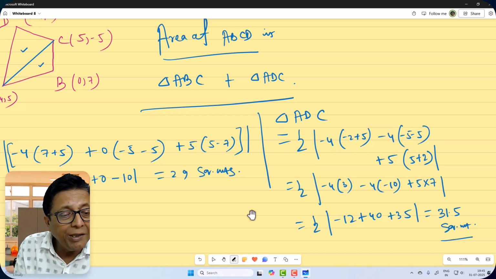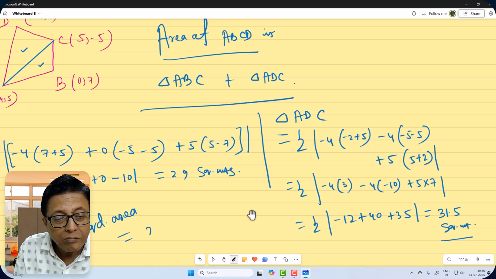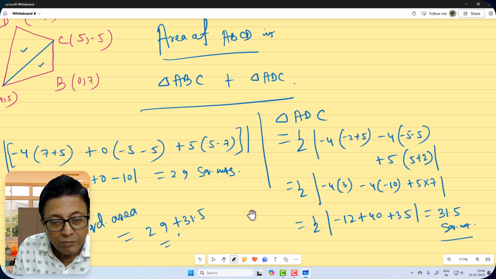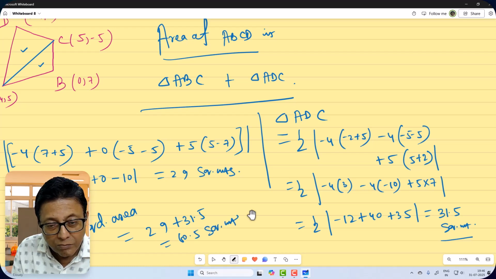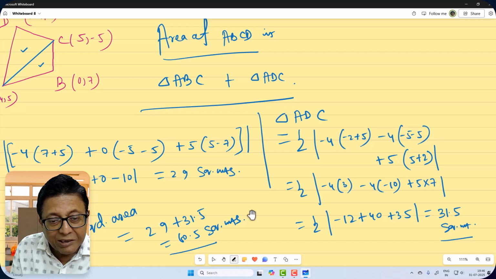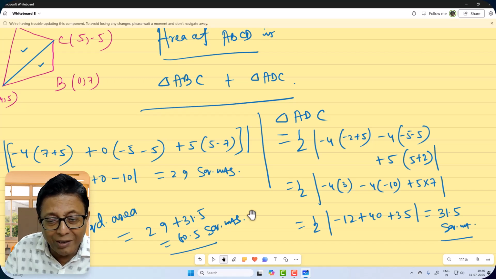So required area will be 60.5 square units.